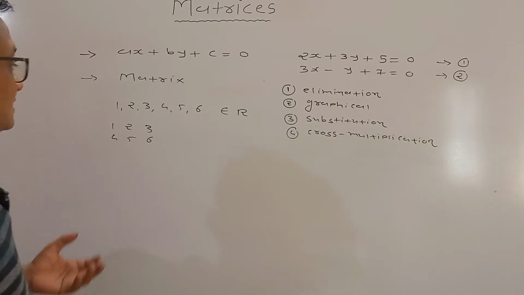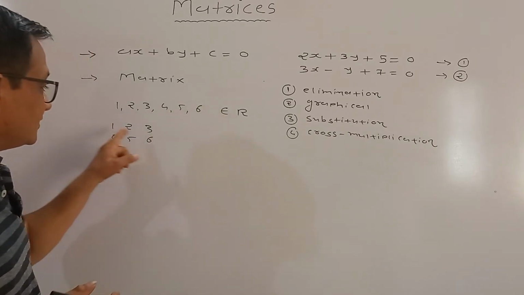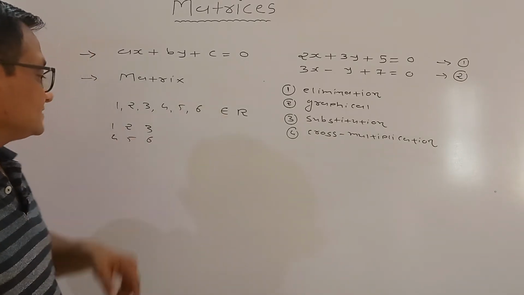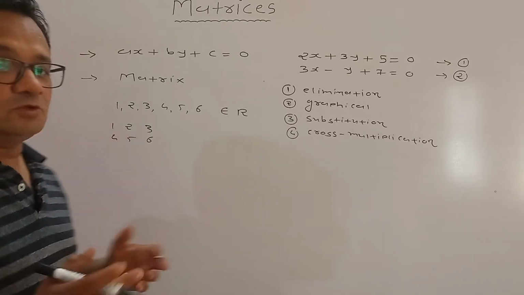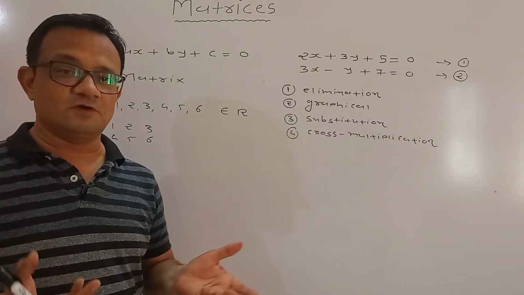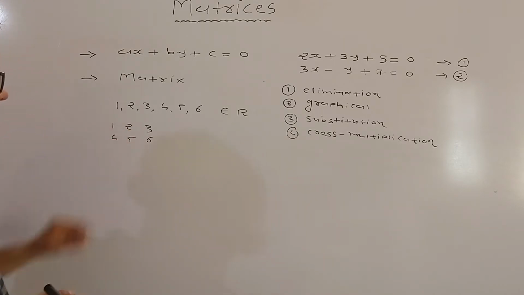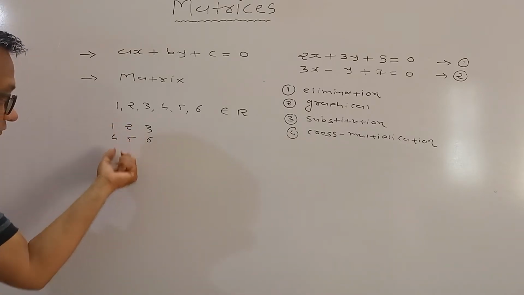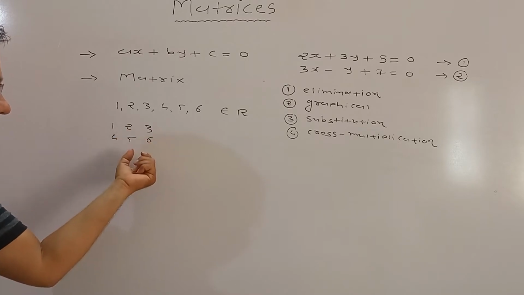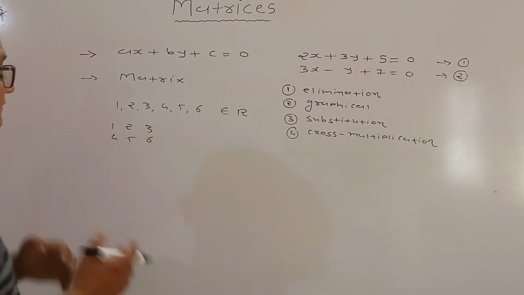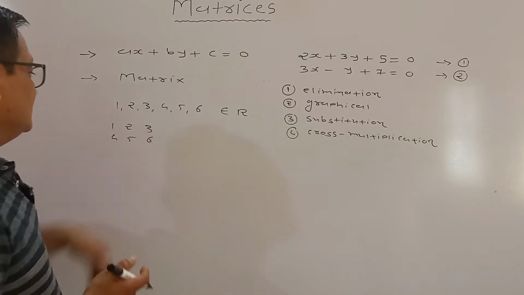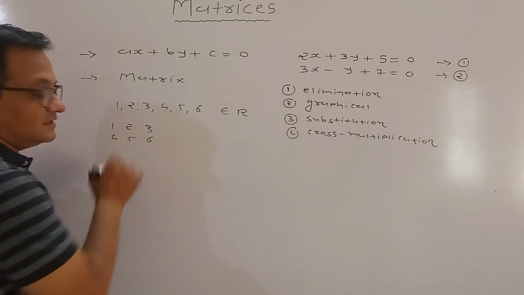I can arrange 6 numbers in 2 rows. See, 1 2 3 is the first row and 4 5 6 is the second row. You all know what rows and columns are. So 1 4 is the first column, 2 5 is the second column, and 3 6 is the third column. So we can arrange 6 numbers as 2 rows and 3 columns.